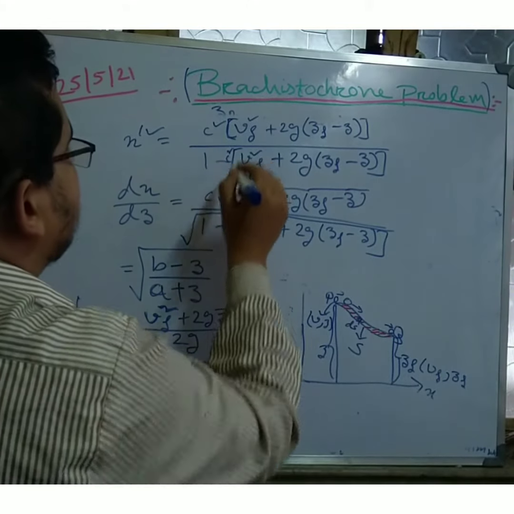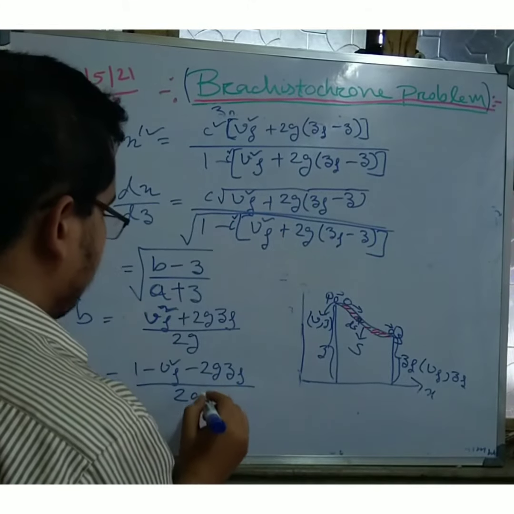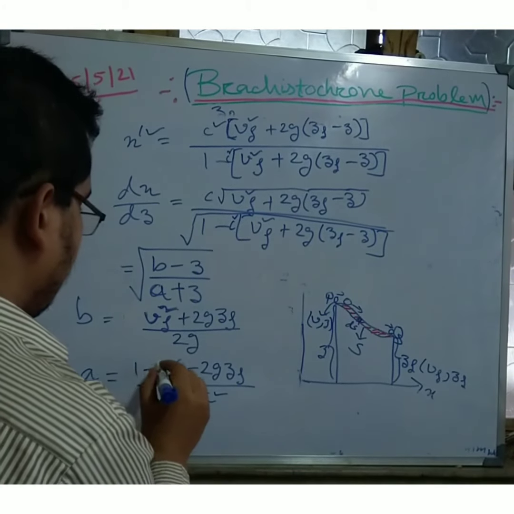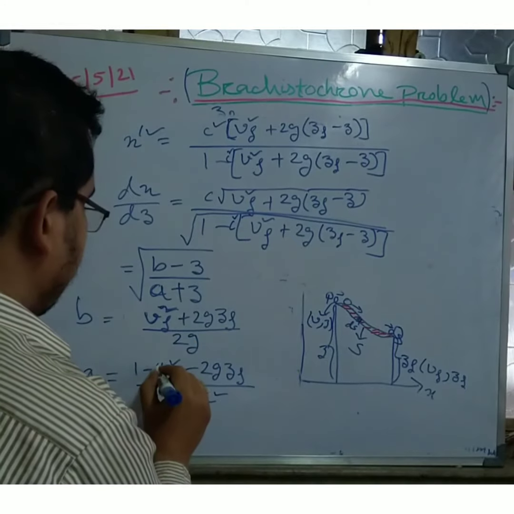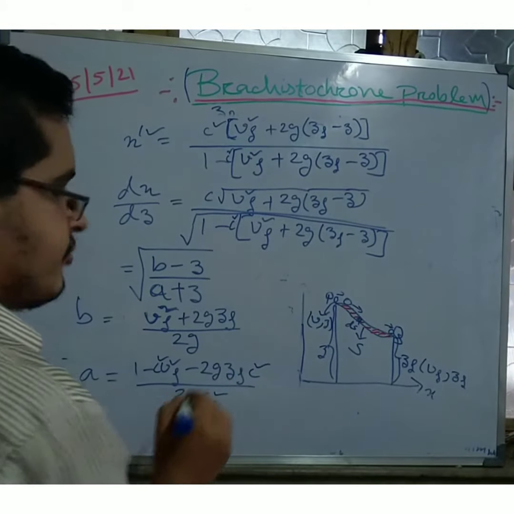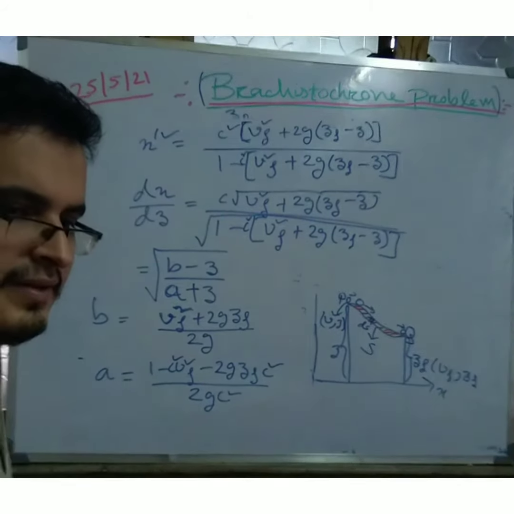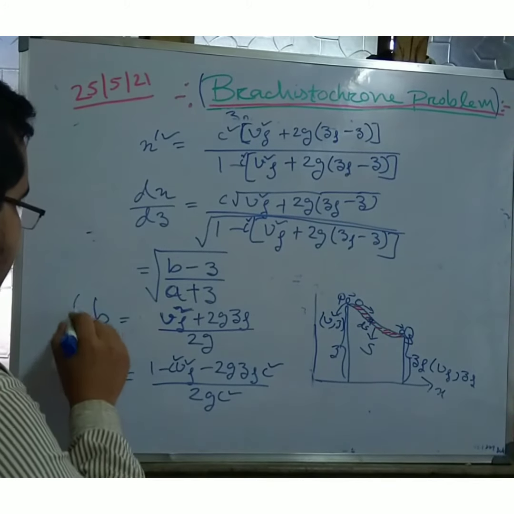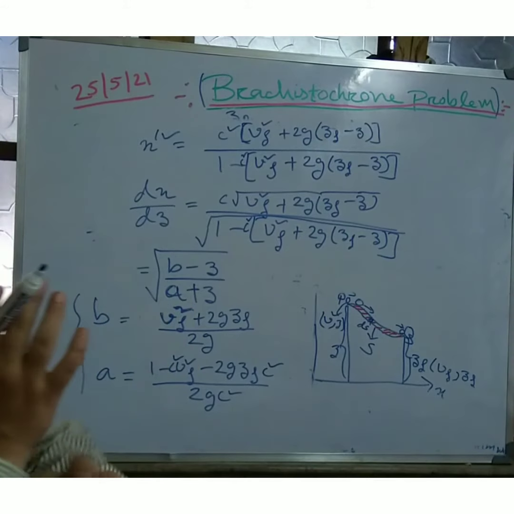Okay, I think that I can clear this. The c square also multiplies, so it is 2g c square, and in here it is c square into c square. So friends, again we will see that it is the total formula of the b and c. I just explained, friends.